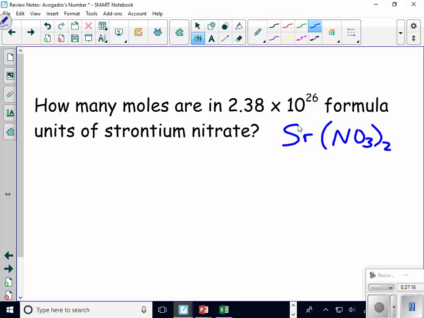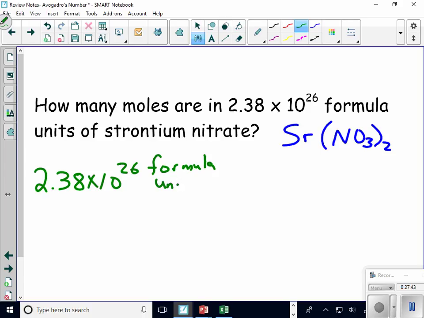So, as I'm doing my conversion, it is labeled formula units, okay? So I'm trying to go to moles of strontium nitrate from formula units. So I'm going to take 2.38 times 10 to the 26 formula units of strontium nitrate.